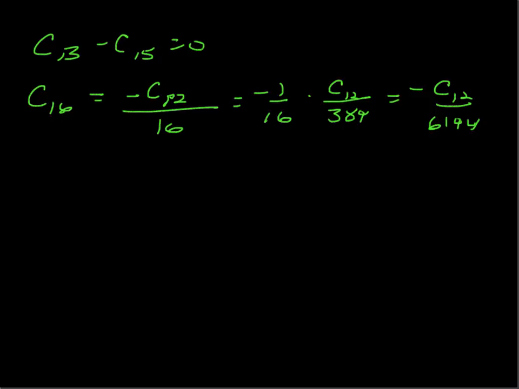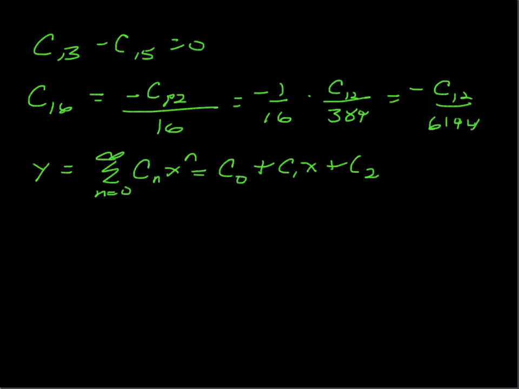Okay, so remembering the original problem, y equals the sum of n equals 0 to infinity of c sub n x to the n. This is going to equal, of course, when you start at 0, c0 plus c1x plus c2x squared plus c3x to the third plus dot dot dot.